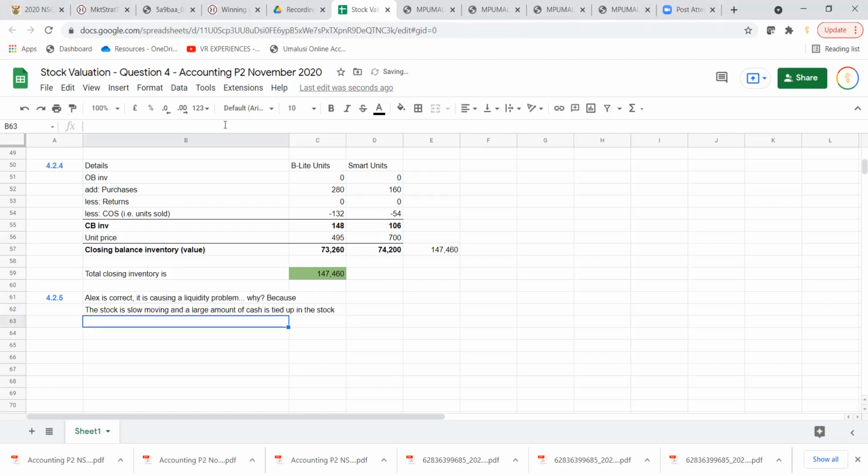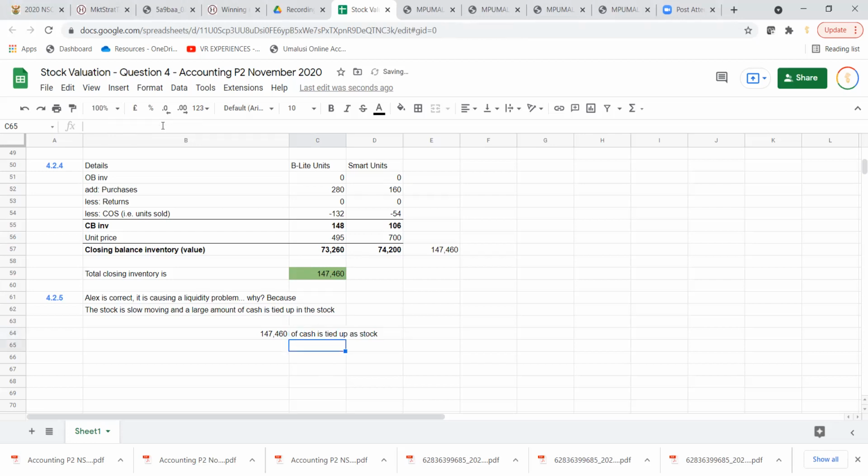Okay, so the numbers you want to quote: 147,000 Rand of cash is tied up as stock.